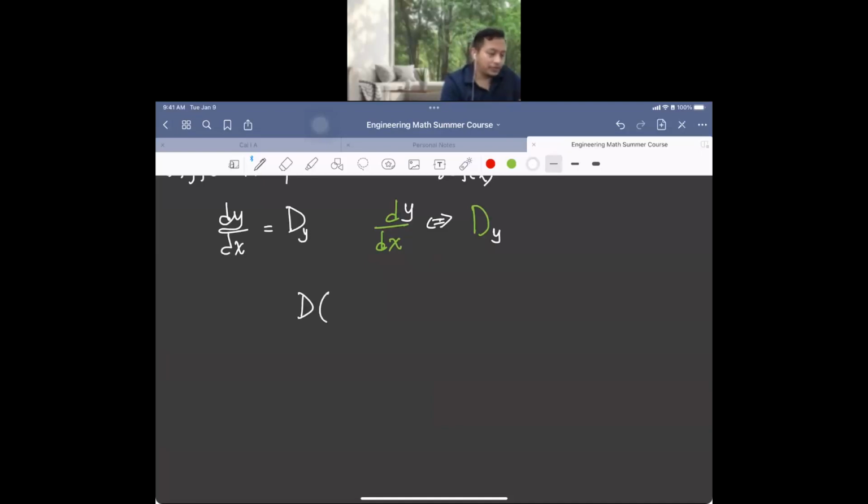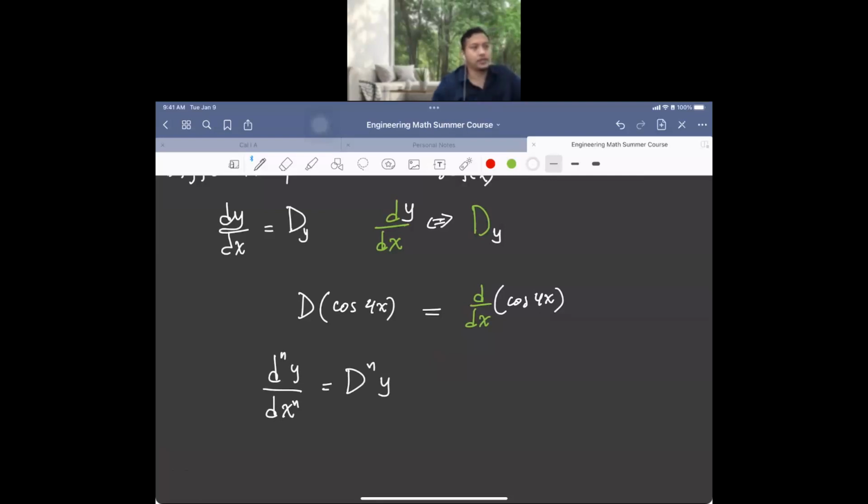So if we have D of cos 4x, it is the same as d/dx of cos 4x. So this is actually equivalent, okay? In a natural way, if you have some higher order n, we are going to take it into our operators. This means D^n applied to our function.